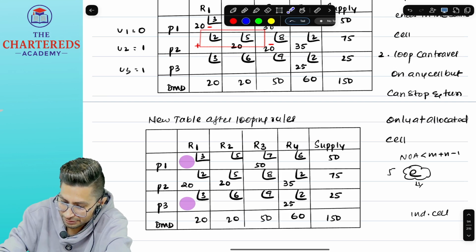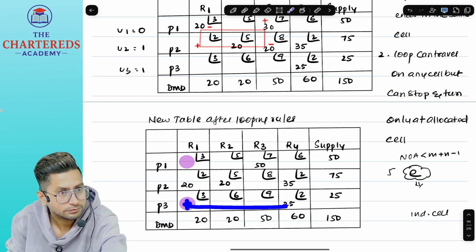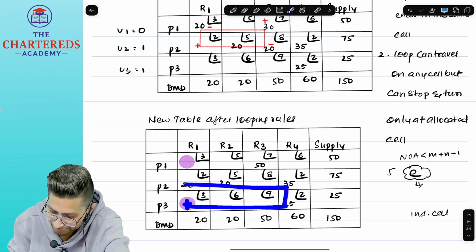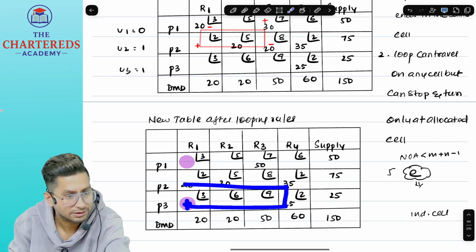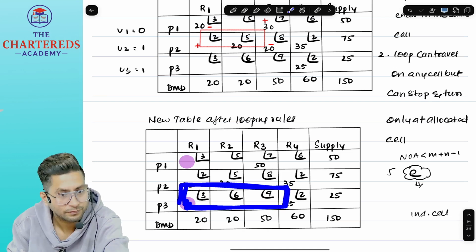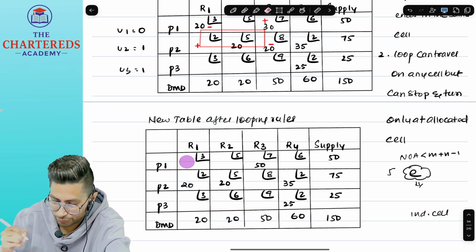Okay. Let us say if I start from here, I will go like this. Correct? Can I go here? Why? Allocated. Can I go like this? Why? Can I come like this? Why? Can I come like this? Is a loop forming from here? So is it independent or not independent? I'll remove this.